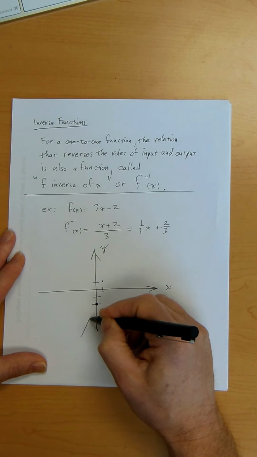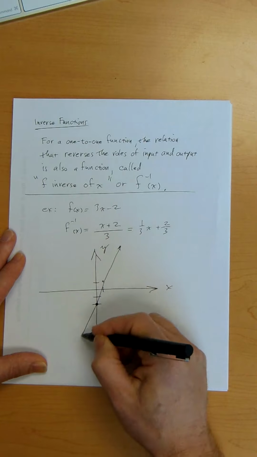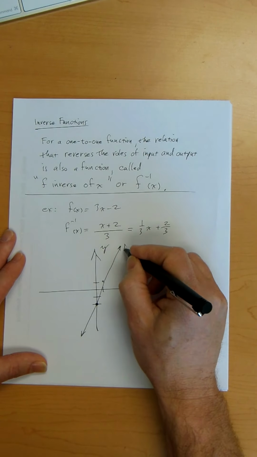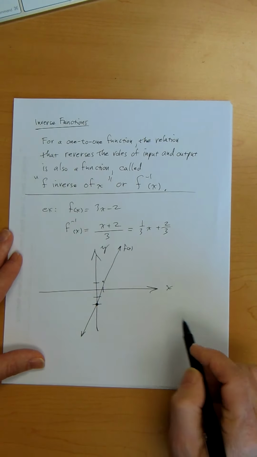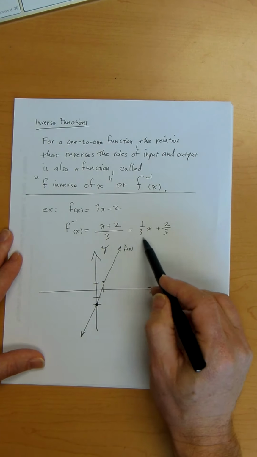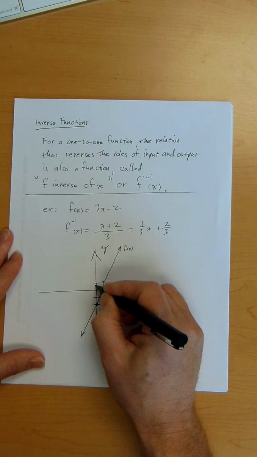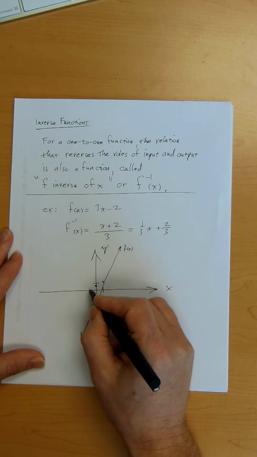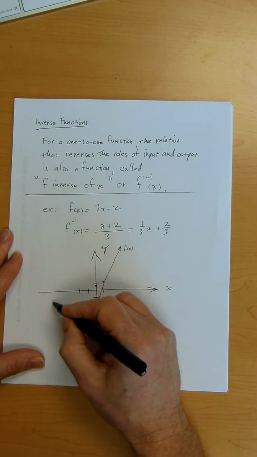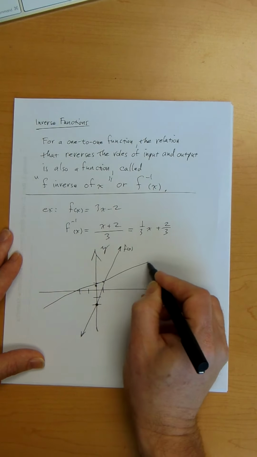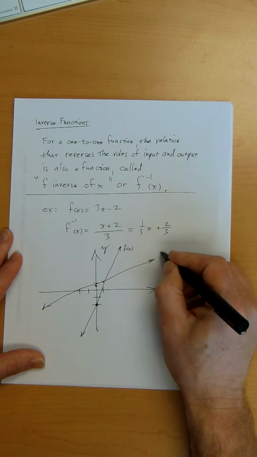Let's see, this would look like this. Sorry if it's a little bit rough. That's f of x. And this guy, the inverse, is 1/3 x plus 2/3. That would have an intercept at 2/3 and a slope of 1/3. Basically like this. Oh boy, that's terrible. That's f inverse.